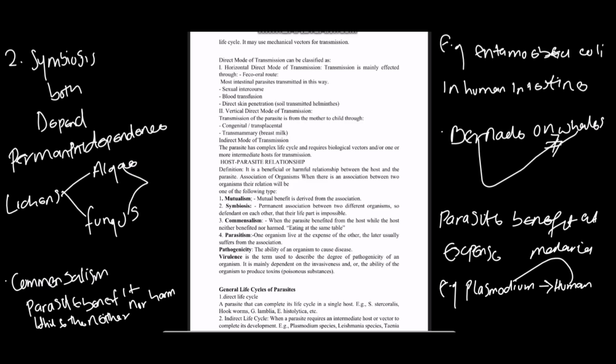Another example of parasitism is Ascaris lumbricoides, an intestinal worm that causes malnutrition in its host.